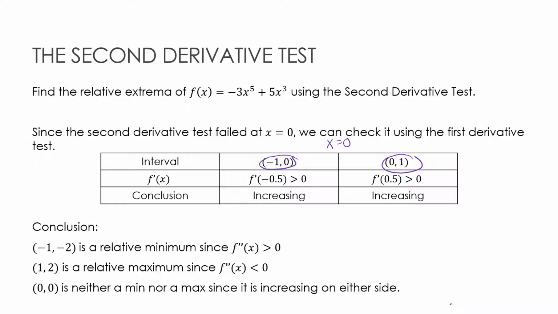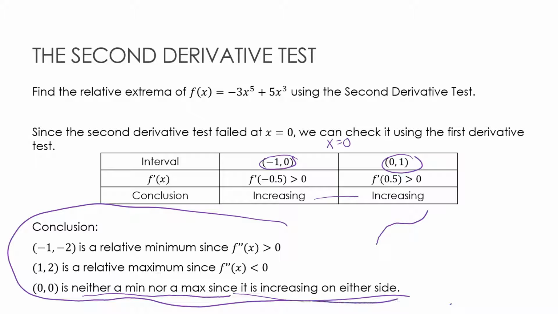But if you'll notice, what happened here is I went from increasing to increasing, which means it is neither a min nor a max since it's increasing on either side. So it's one of those that increases, levels out, and then increases again. So here's my conclusion using the second derivative test and then also the first derivative to help me out at x equals 0.